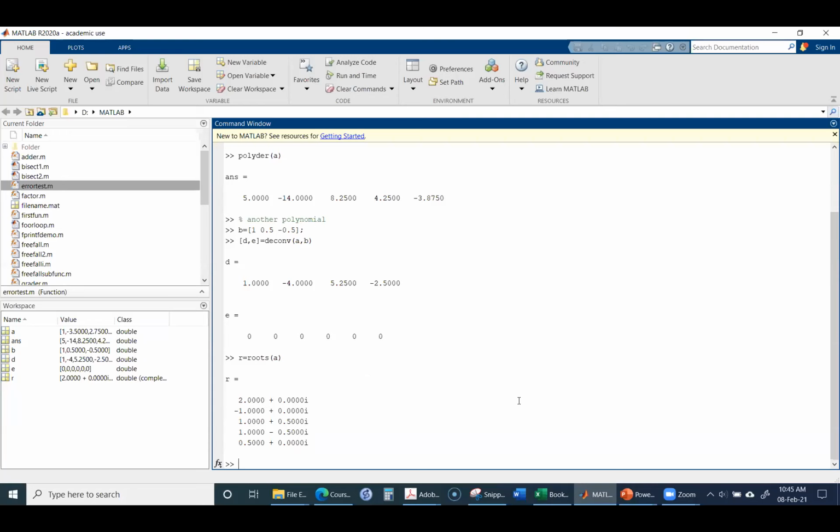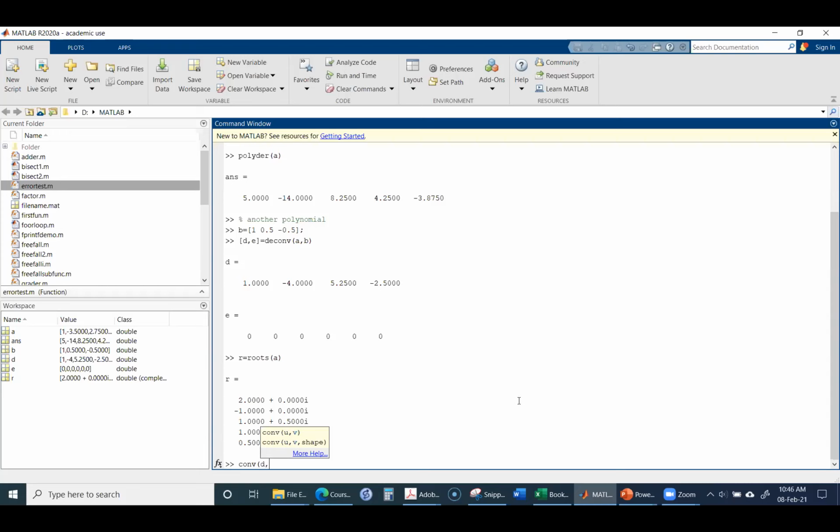Okay. Similarly, we can multiply two polynomials. For this, we use the command conv, conv to multiply two polynomials. So earlier, our smaller polynomial was d.